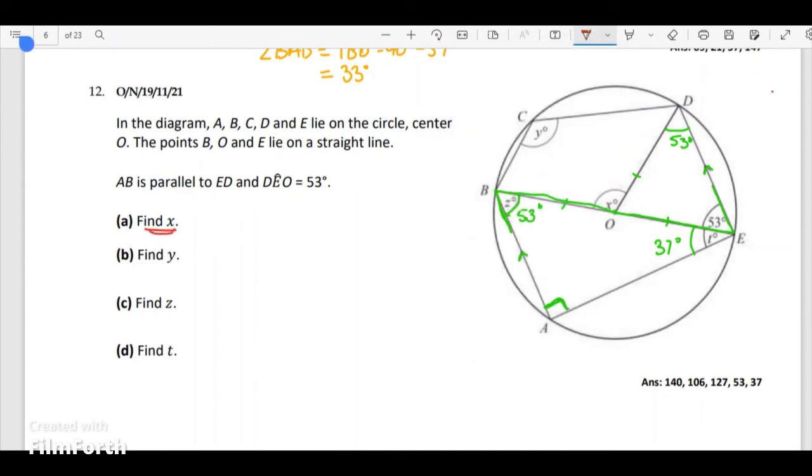Find x. We have to figure out x, which we haven't yet done. Alright, so x is the angle at the center. Let's see where it is coming from. It's coming from point B all the way to point D, so it's coming from this arc BD.